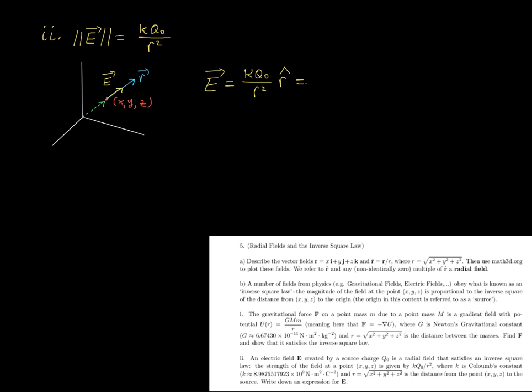Or if you like, as we did with the gravitational force, I could write this as r divided by scalar r, and so I could get the quantity kQ naught divided by r cubed times the vector r. Okay, these are equivalent. All right, well, that's going to do it for this problem and for this section. Thanks so much.